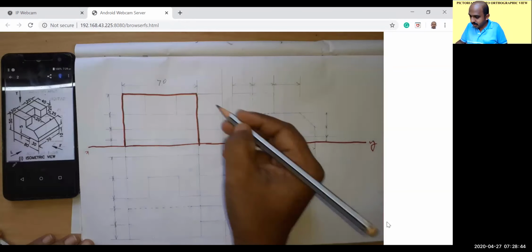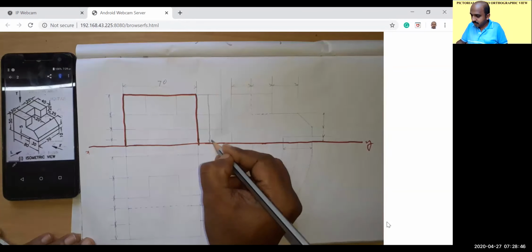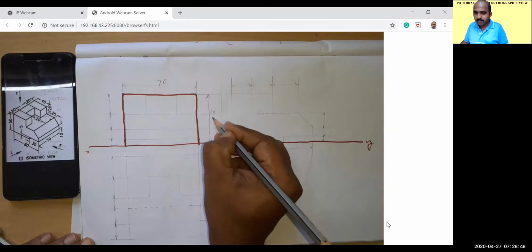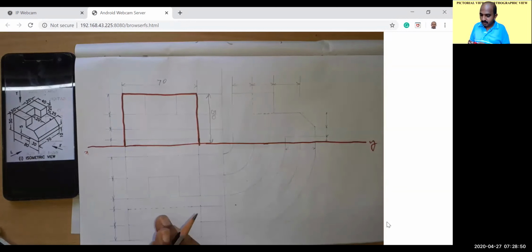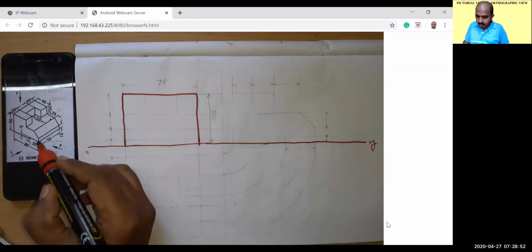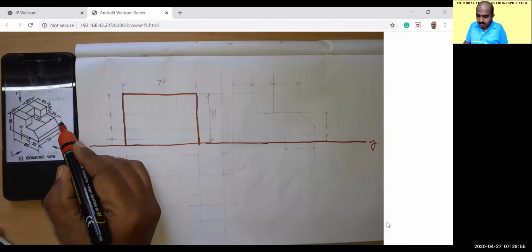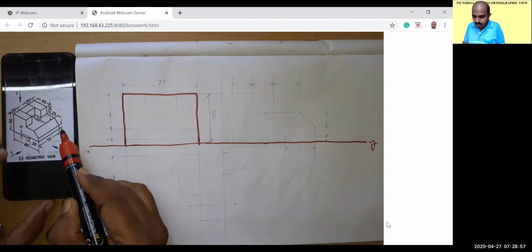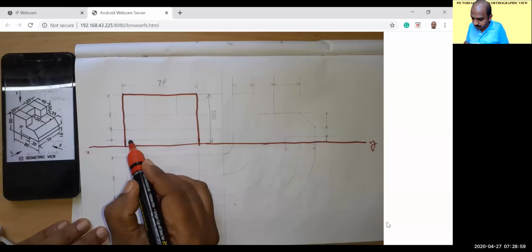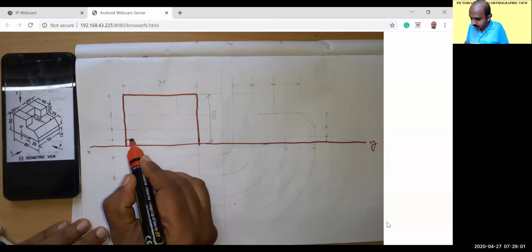And what about this height? Height is equal to 50. Now, when you are looking from there, what is this height? This is equal to 10. So up 10 mm, there is another line.